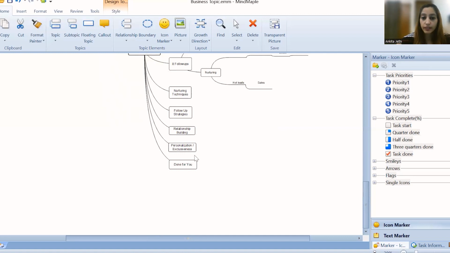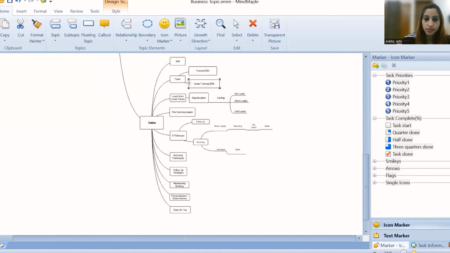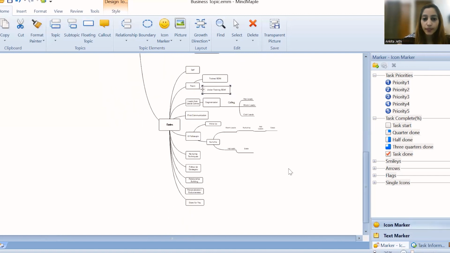We need to give that exclusiveness to our client, and we have to make products or services or any of the processes a sale done for him, right? So that we are taking that responsibility from his shoulders to us, and we are just making him sign the check. So this is a little overview which I've shared with you for sales, and I hope it helps.